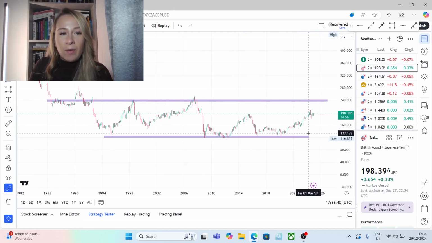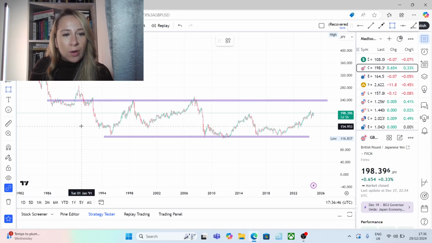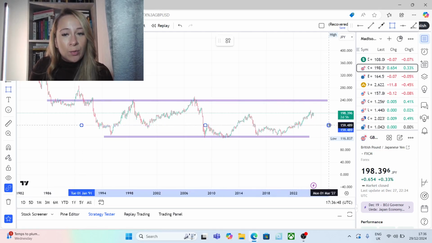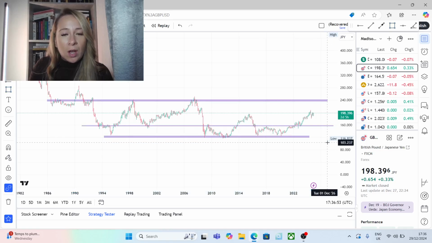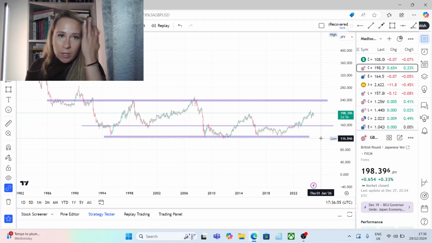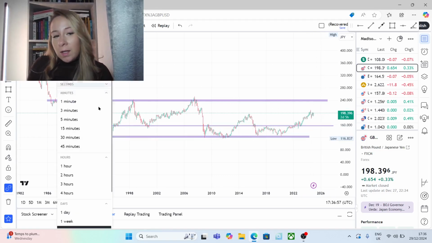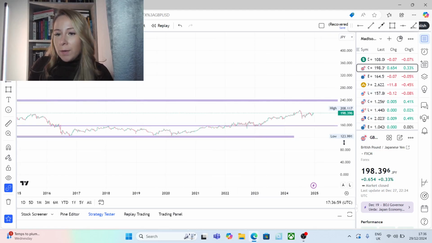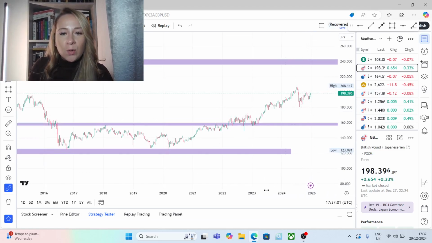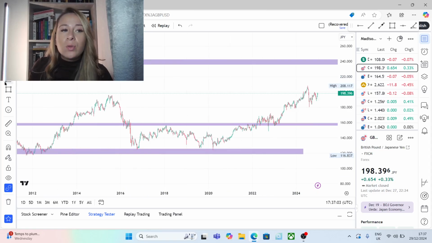Yen is still very, very weak. Pound is gaining some strength overall anyway, so I do think we'll see more of the bullish side on yen pairs in 2025, but who knows? We trade what we see, not what we think.